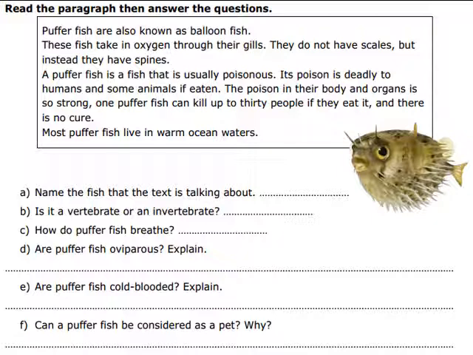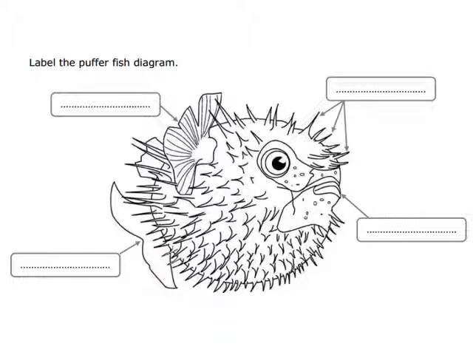We have here the diagram of the pufferfish. Okay, I'm gonna call Sarah on the board. Quickly, Sarah. We need to label it. What is this? Can you write mouth in here?